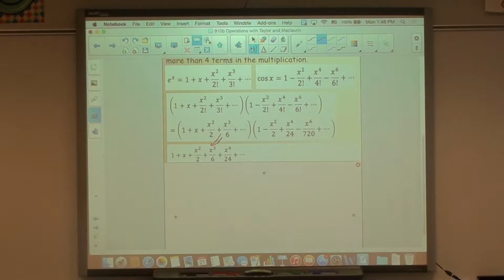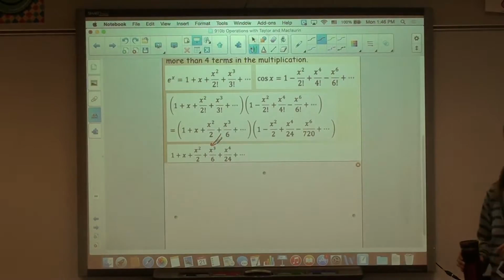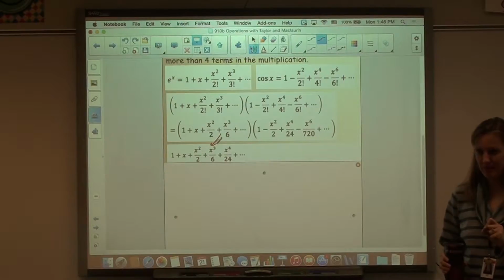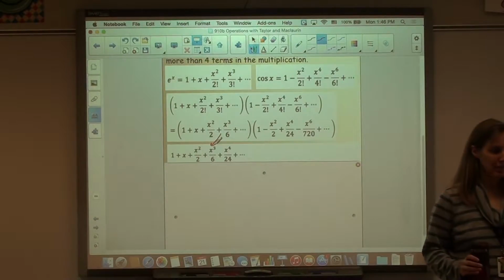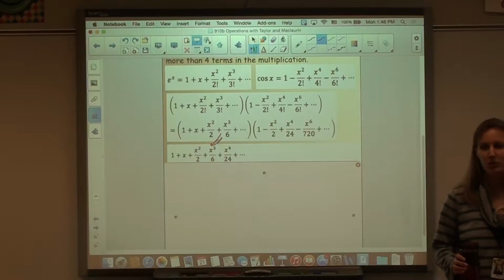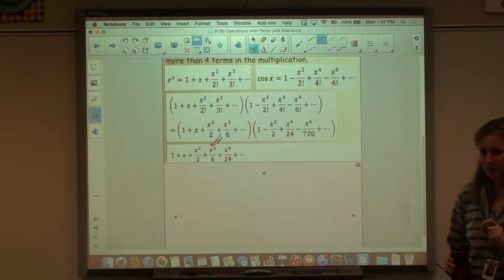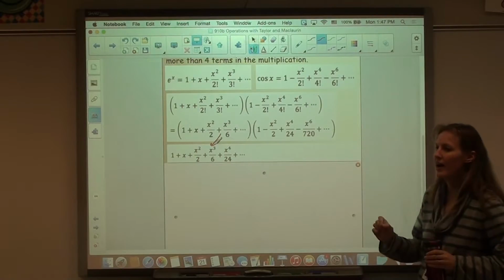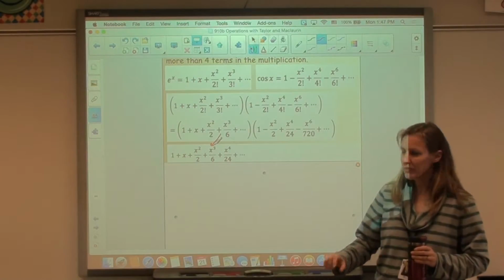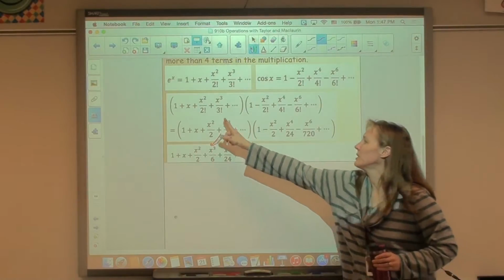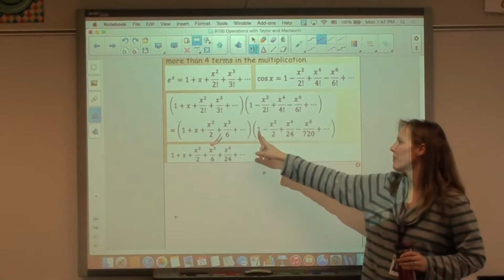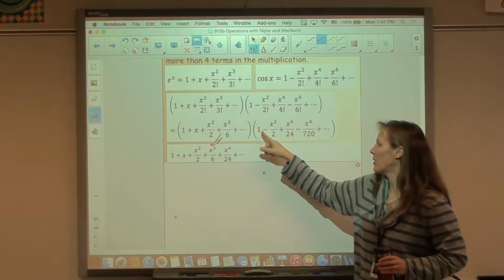Now, in order to do this method, or any of these methods, you're going to have to write clearly and cleanly and meticulously. So if you are a messy writer, these are probably going to be more difficult for you. Okay. So here's how you do it. We have to multiply all of these by all of these, right? So I'm going to start by multiplying all of these by 1.